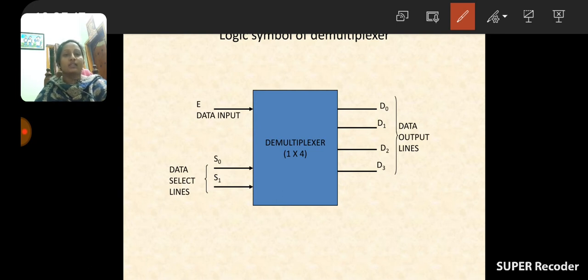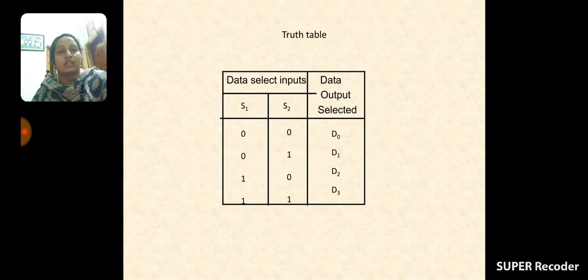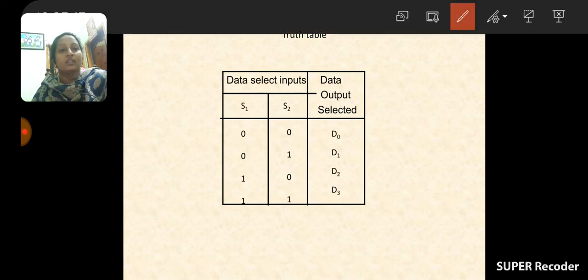The name of the circuit is called 1 to 4 demultiplexer. One input must be transferred over the four lines with the help of two selection lines S0 as well as S1. Is it clear? So this is about the diagram of the demultiplexer. Next, this is the truth table. If S0 is equal to 0 and S1 is equal to 0, whatever bit is selected, that is called what?